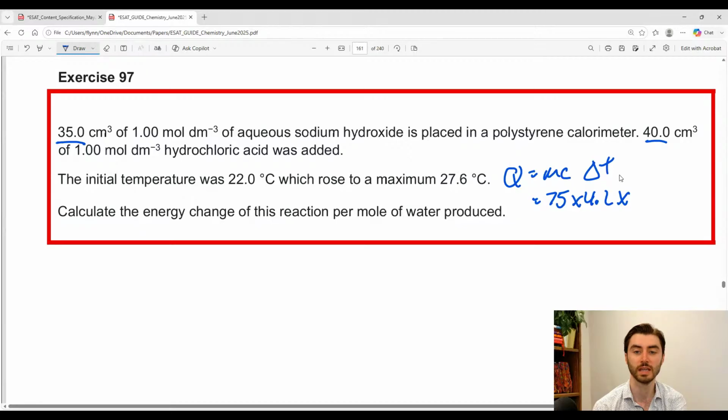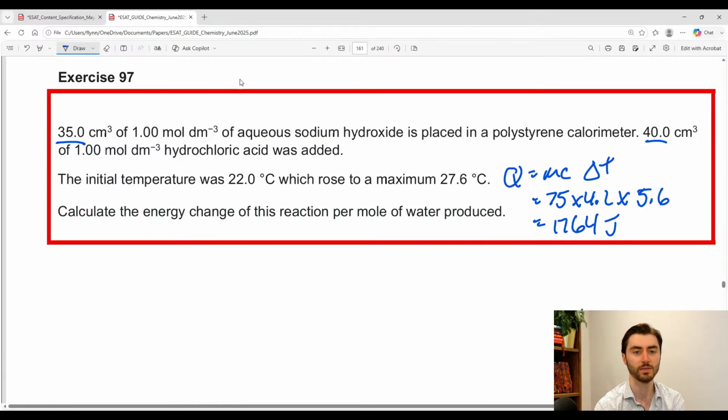And the delta T here is 5.6. That's a really ugly number. In the interest of time, I'm just going to type it in. In practice, they would give you better numbers than this. This is 1764 joules released.